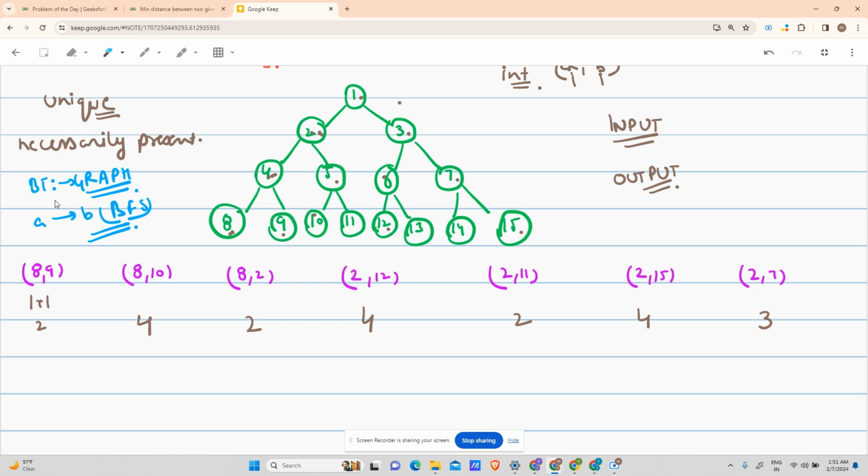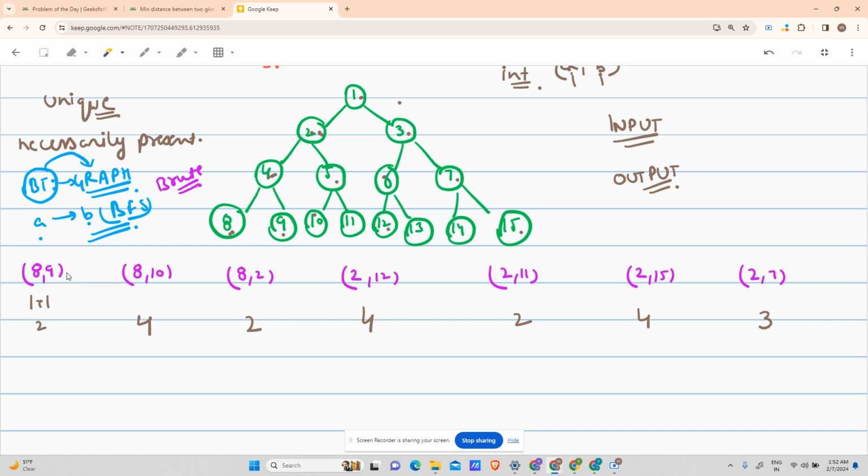So my first approach would be to convert this binary tree into an undirected graph, and then do the same A to B BFS traversal. All right. But I say this is my brute force approach for you guys, right? Comment if you have got a better brute force approach. All right. But let us assume that we have to solve it more efficiently, right?